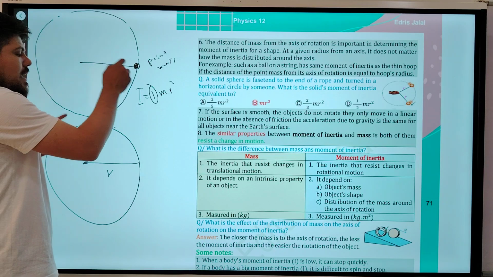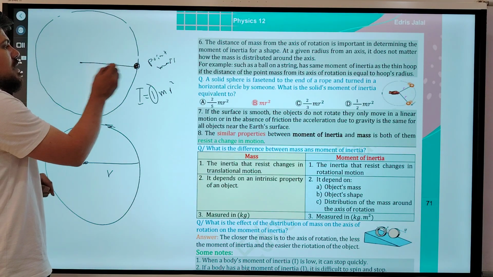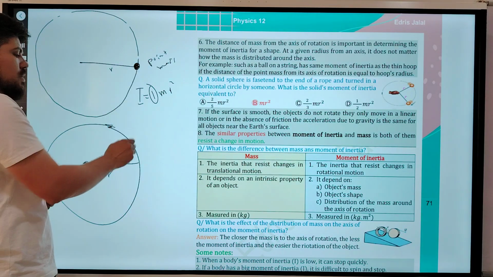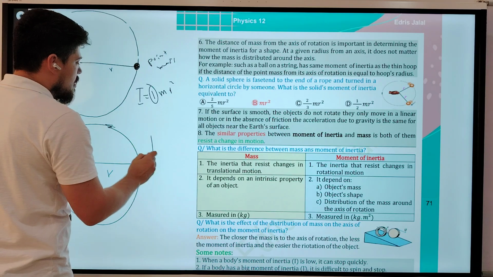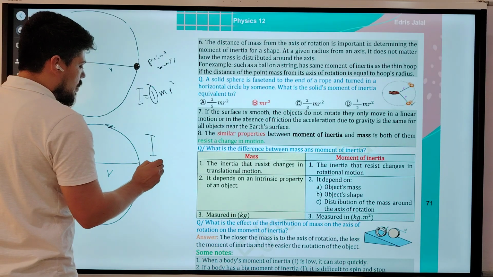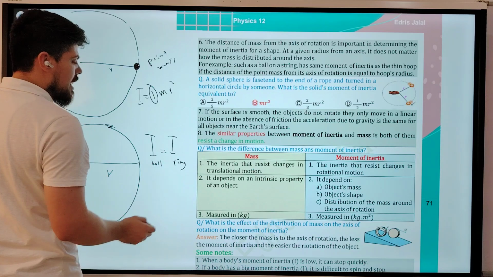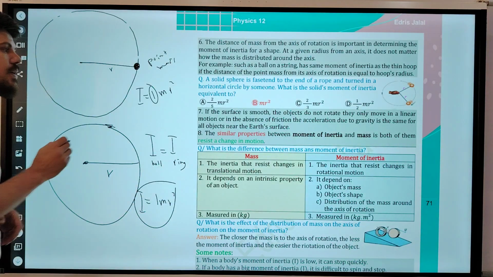They have the same mass and the same R, so the moment of inertia of the ball is equal to the moment of inertia of the ring. They have the same moment of inertia.